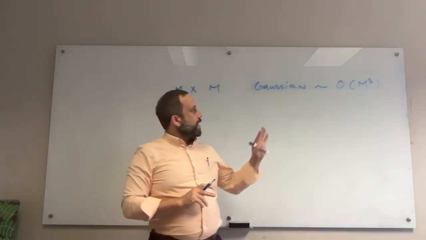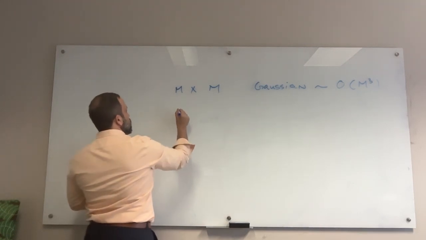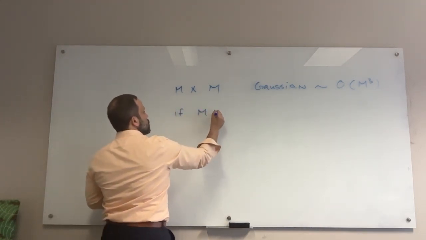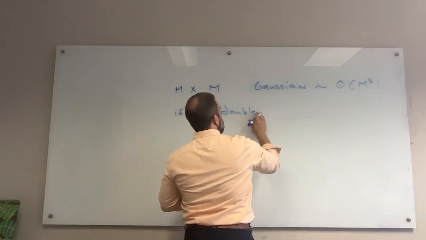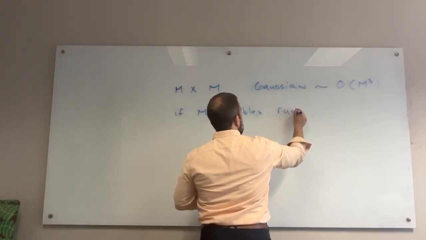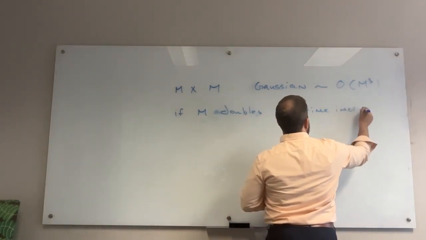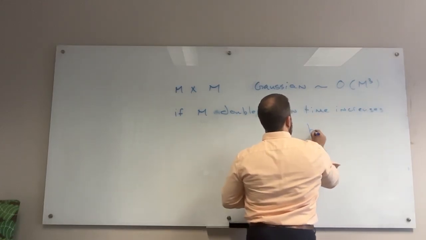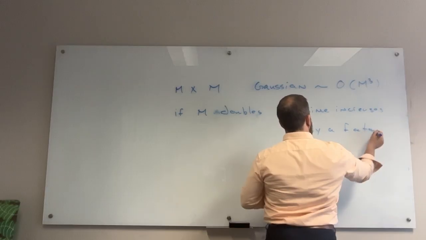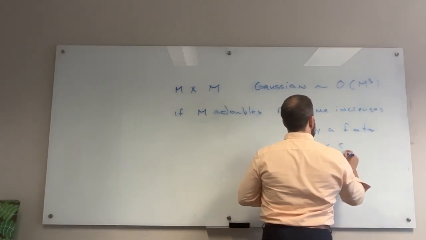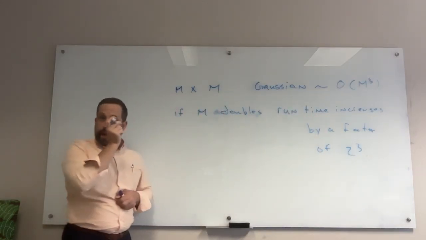Now, the best way in this case to understand what O(M cubed) means is the following. If M doubles, the runtime increases by a factor of approximately 2 cubed, which is equal to 8.